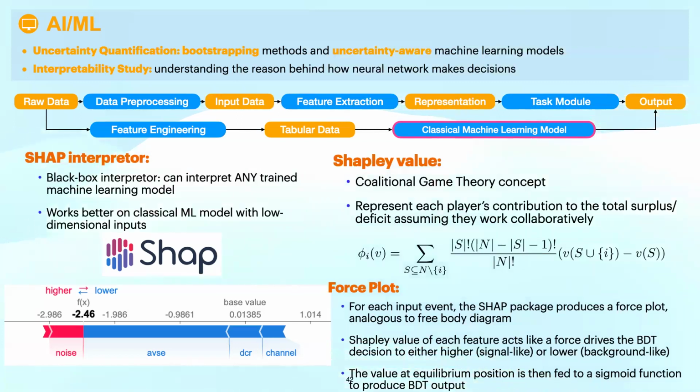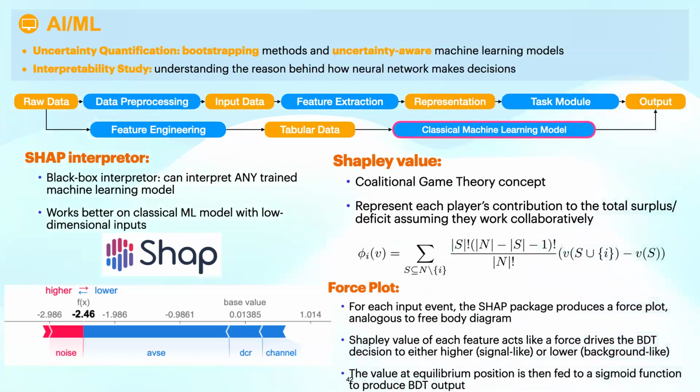Each value in your force plot acts as a force that either drives the decision of your model to a lower value that's more background-like, or a higher value that's more signal-like. Eventually the value after applying all the forces is going to reach some equilibrium along this number axis, and that value is the one we output from our machine learning model.